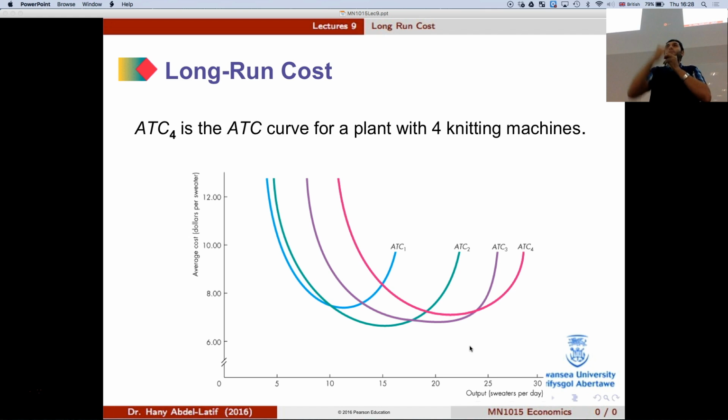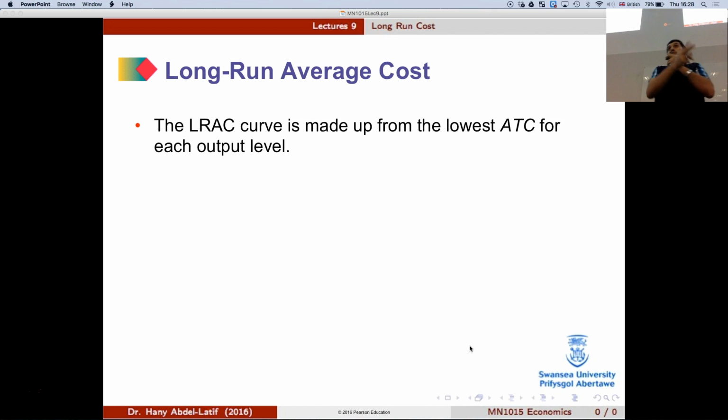So it must be the lowest one. So we're looking at the least cost. And that makes sense. If you want to maximize your profit, then that means you want to find the way for each output level, you try and see which plant size will minimize the cost.